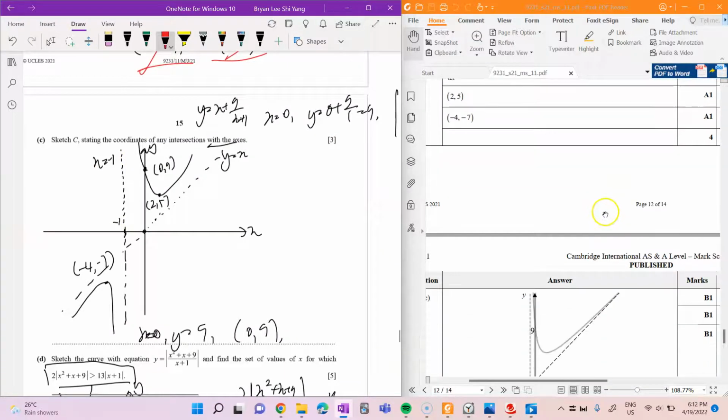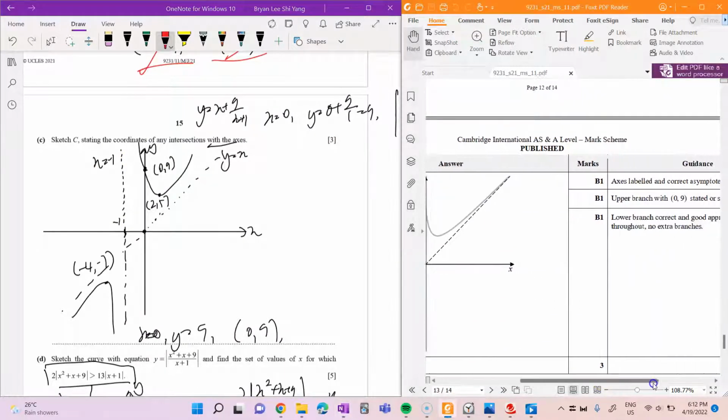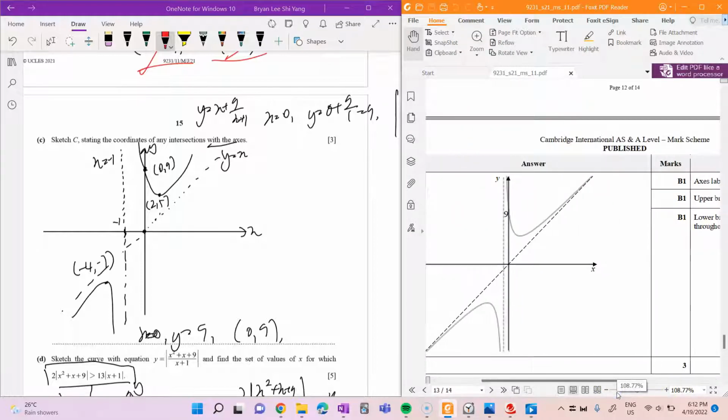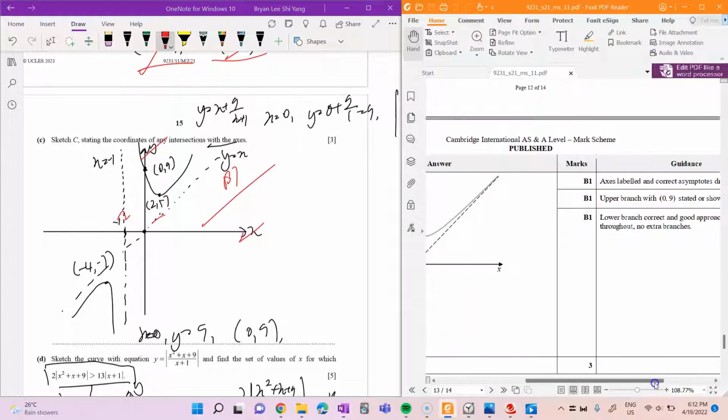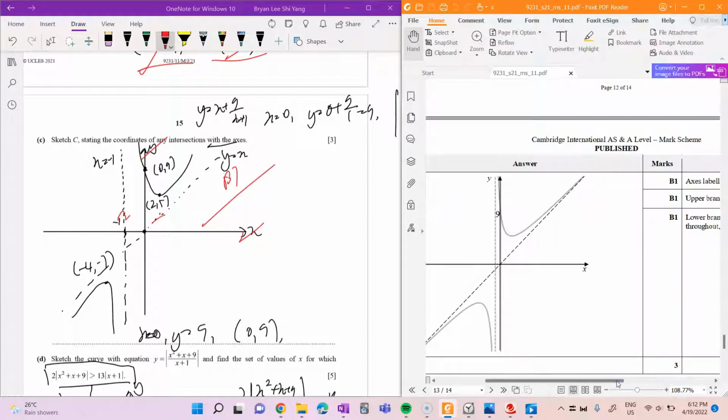And then over here, it would be axis labeled and correct asymptotes drawn, so B1. And then upper branch with 0, 9 stated or shown on diagram. Okay, so shown on diagram, since I showed it, so this is another B1.